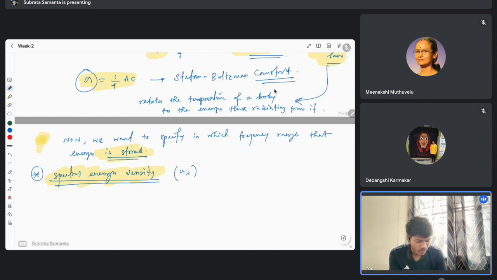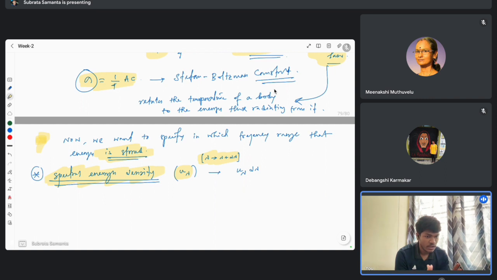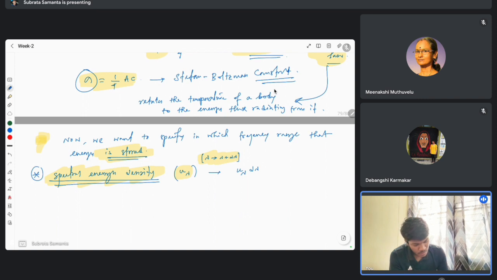It is defined as follows: u lambda times d lambda, because we are interested in this region, lambda to lambda plus d lambda. In this range, u lambda is not an energy density; it is called the spectral energy density, depending on which region of the spectrum you are interested in.